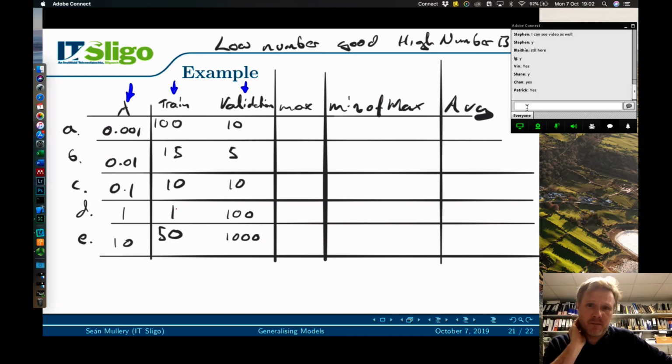Let's say you were then asked, having looked at this, maybe this is your own model, and you're deciding what value of lambda am I going to use? Which would you go for? A, B, C, D, or E? I want you to just type one in. I want you to choose something. Don't opt out.